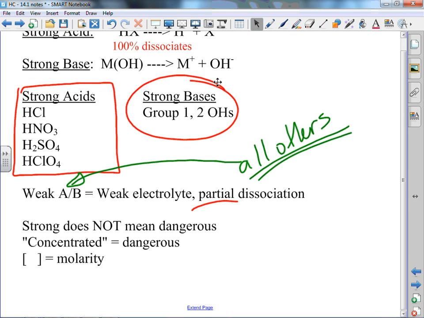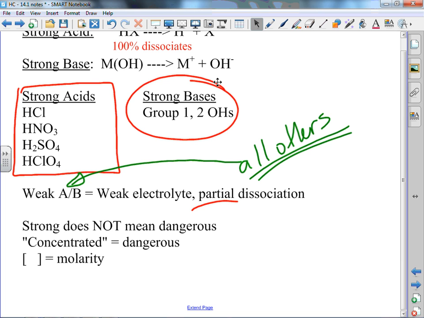Now, the last thing here that we mentioned, strong does not mean dangerous in terms of acids and bases. Concentrated means dangerous. I could have a concentrated weak acid. That's very, very dangerous. I could have a diluted strong acid, and that's not dangerous at all.